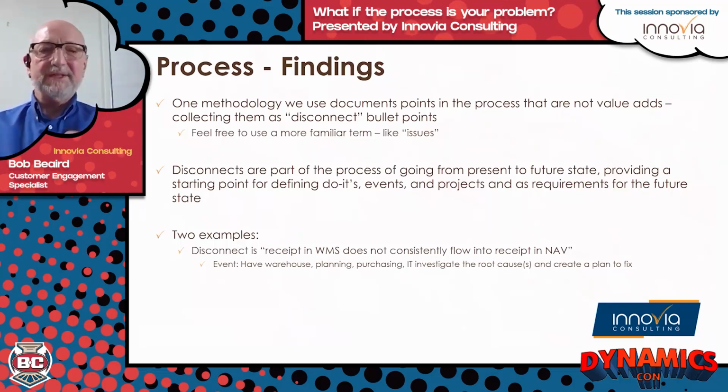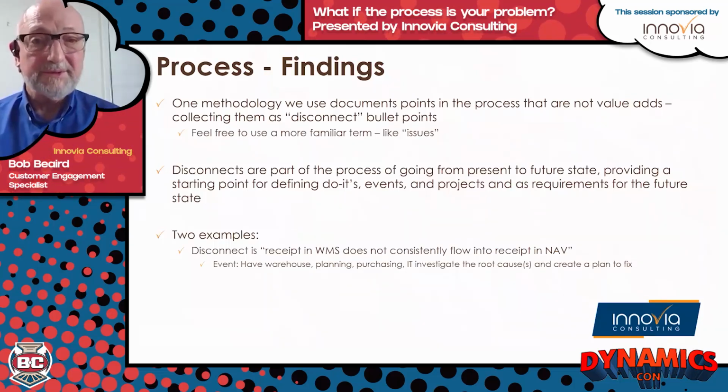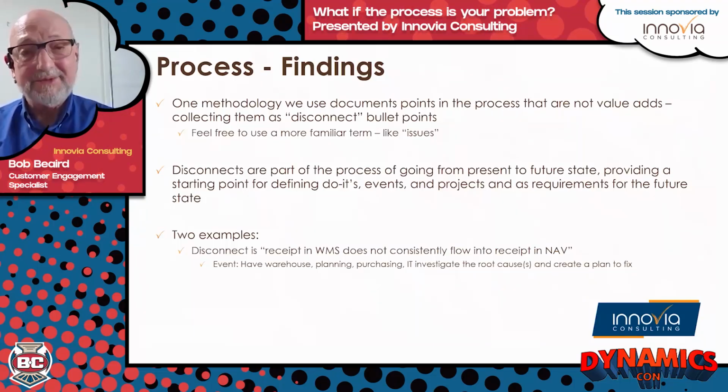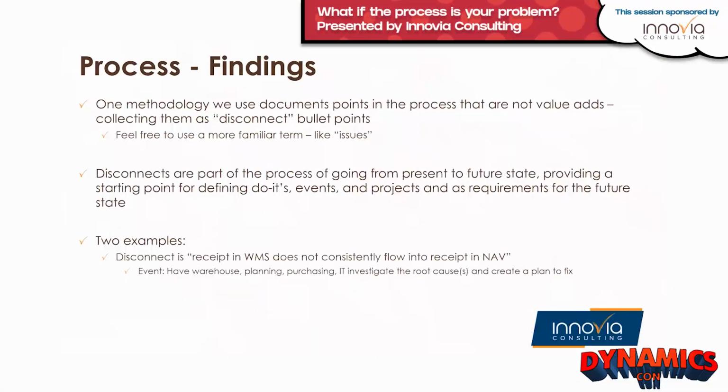It was really something in the interface between the 2 systems, but it critically needed to be fixed because what it meant was purchasing couldn't trust the inventory that was in NAV when they're creating a purchase order. So they actually go out in the warehouse in some cases and count the inventory, as crazy as that sounds. So that's where an issue turns into a requirement.